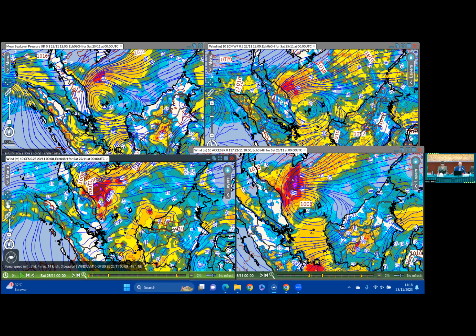A fine mesh model is able to produce 300, 400, 500 millimeters in a day, but a smooth, large grid space model cannot. So you cannot compare exactly the absolute values because each model does not have the same grid space. ECMWF is 9 kilometers, for example. Well, they are maybe a bit similar, but not exactly. So that's important.